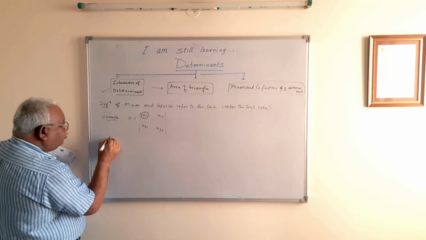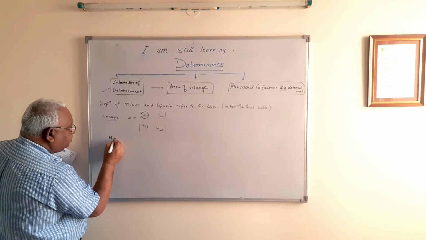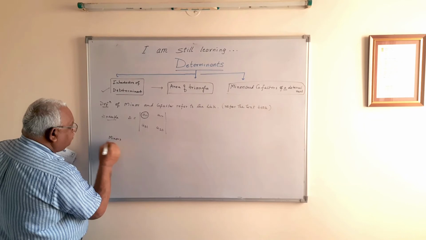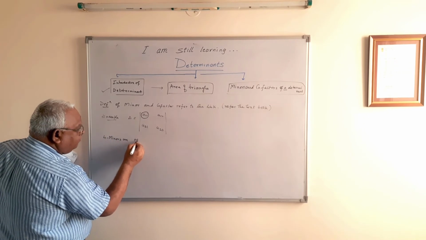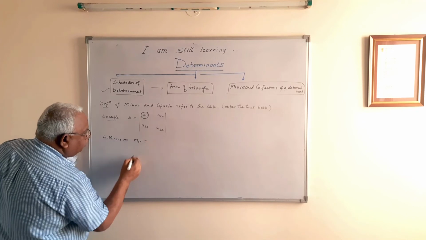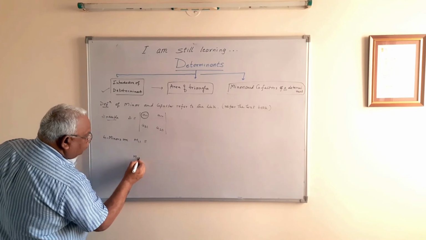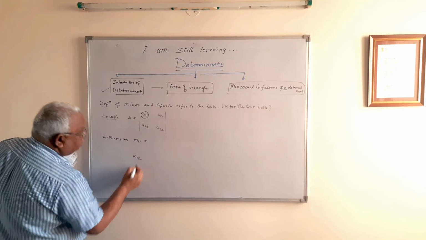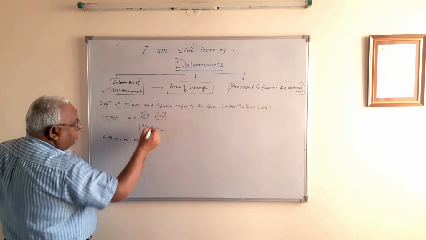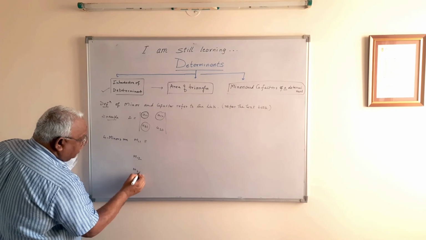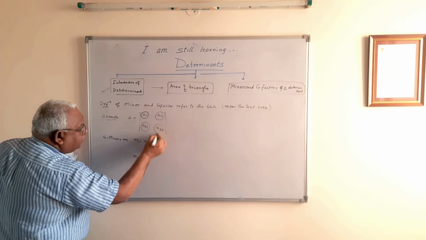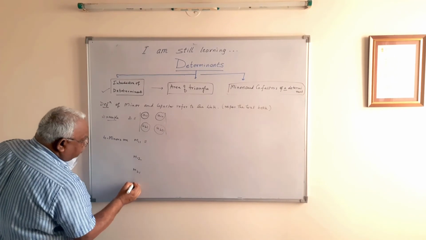So there will be 4 minors. 4 minors are M11, M12, corresponding to each element. Corresponding to A21, you will have M21, and corresponding to A22, you will have M22.